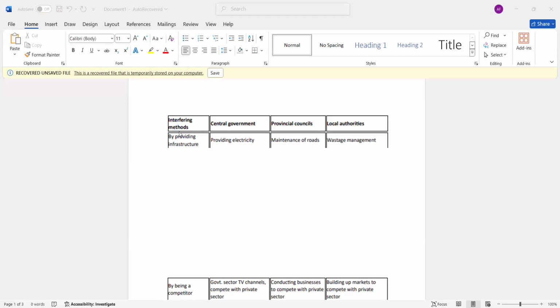Now, providing infrastructure, central government. What example can I give? Providing electricity. What is the organization which provides electricity? We'll see whether you all know that.